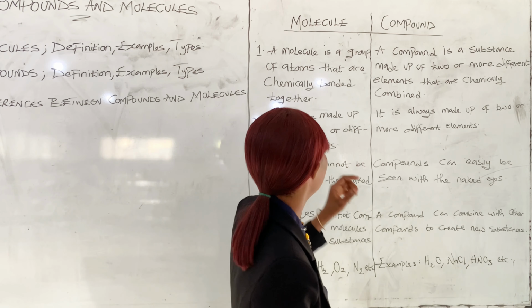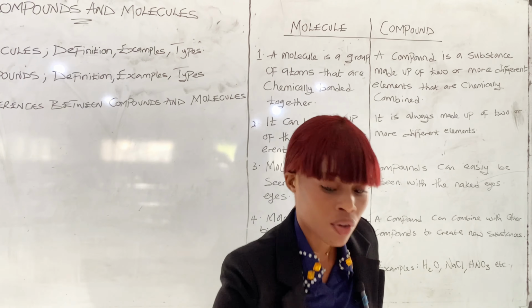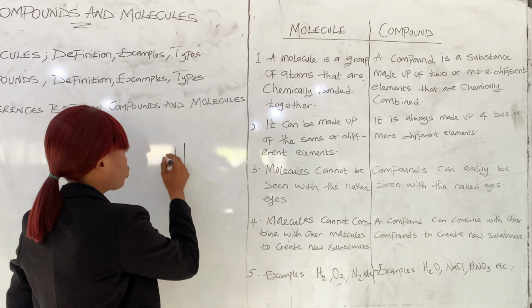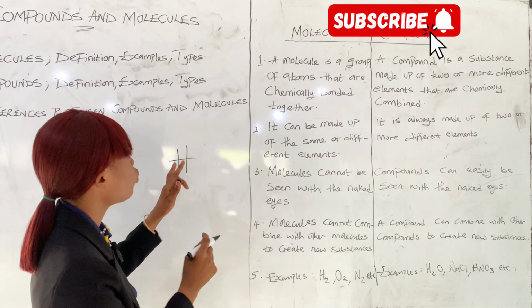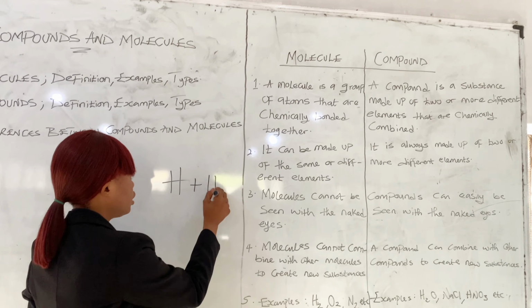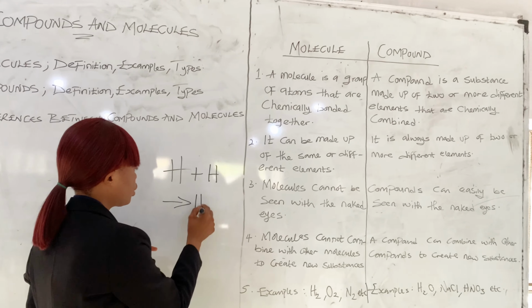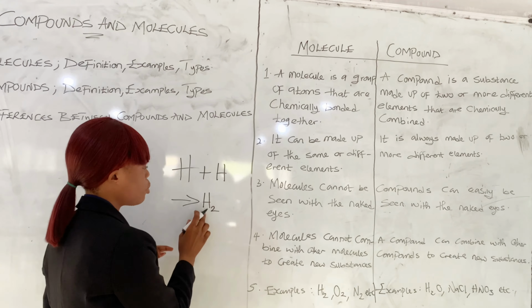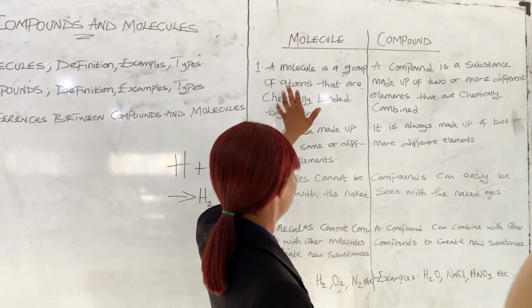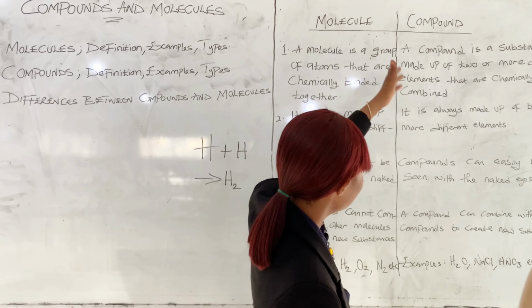So a molecule is a group of atoms. For example, we have hydrogen atom. Hydrogen reacting with hydrogen is what we have H2. So this is a molecule. A molecule is a group of atoms chemically bonded together. So that is the first difference. So what is a compound?